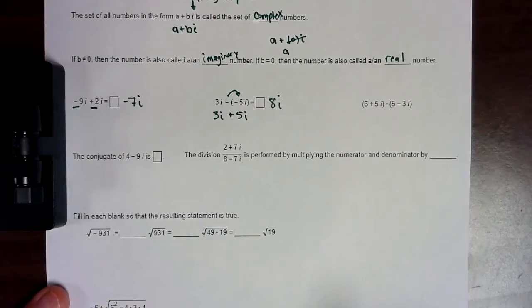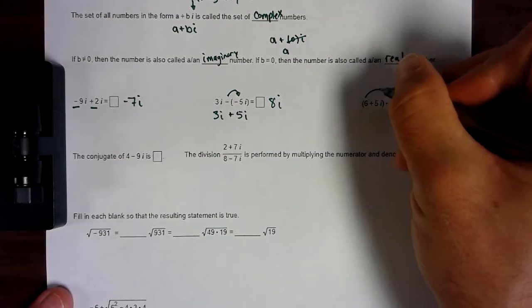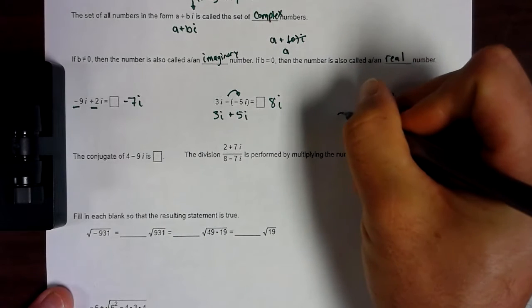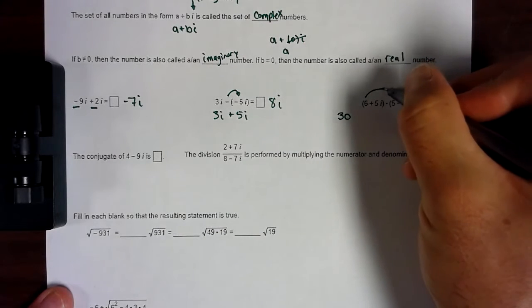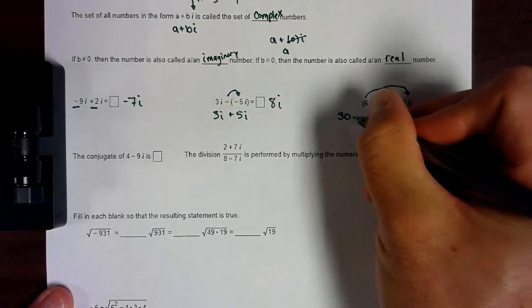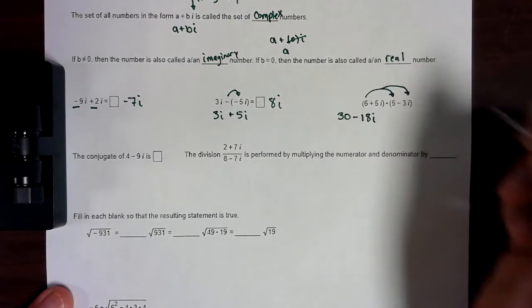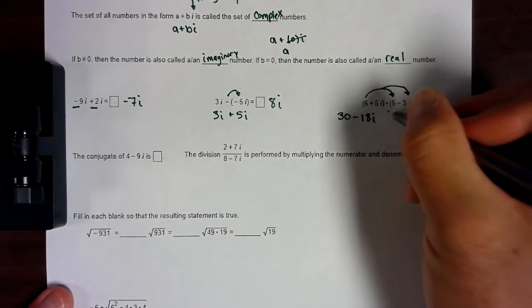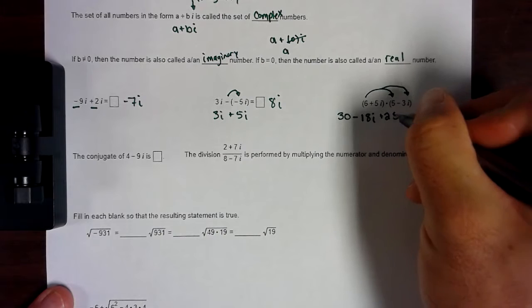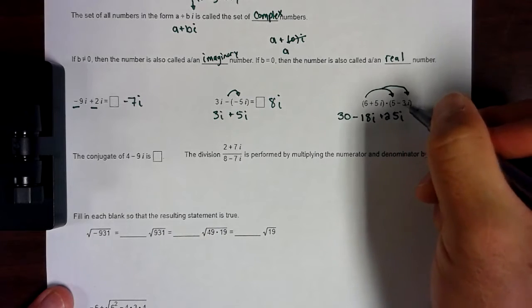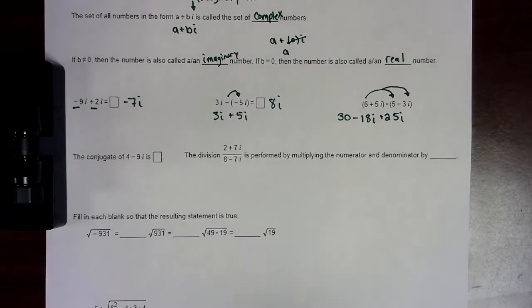Okay, and the last thing we have here is some multiplying. If I am multiplying all of these terms, we need to FOIL, and some things happen. So if I do 6 times 5, that's 30. If I do 6 times -3i, that's -18i. 5i times 5 is 25i. And 5i times -3i, well, let's think about this.